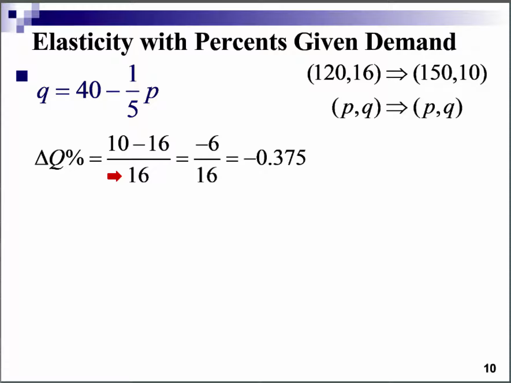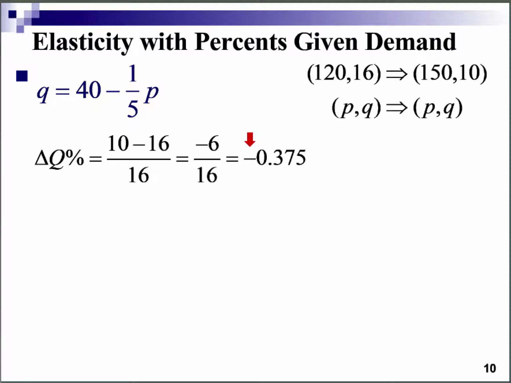So in this case, we have -6 divided by 16, or -0.375. So here, this corresponds to a 37.5% decrease in quantity in demand. And it's negative, of course, because the demand is decreasing. So that is half of the elasticity equation.